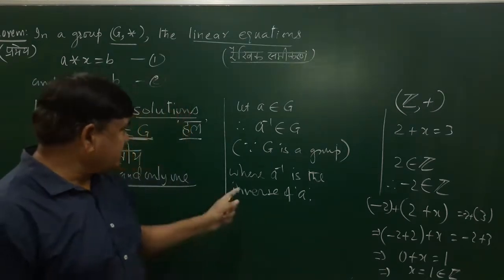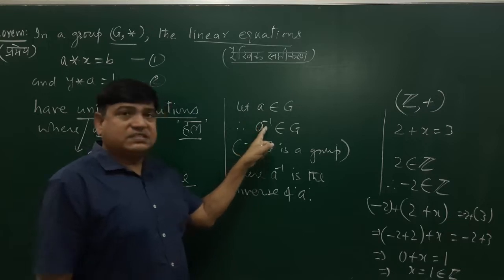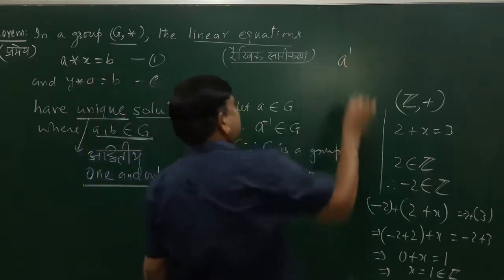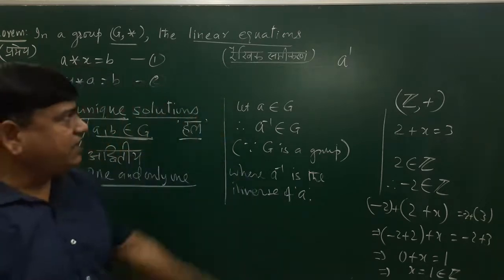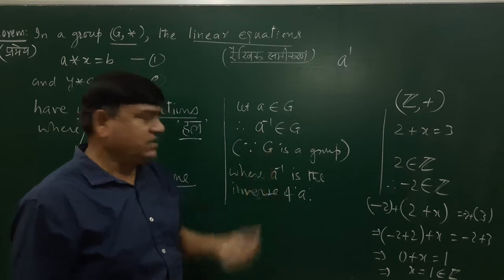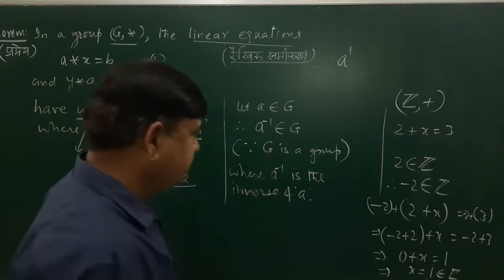It is not necessary that you denote this inverse of A by this symbol. You can denote it by A dash. A dash is the inverse of this one, A. So here it is that. Okay.